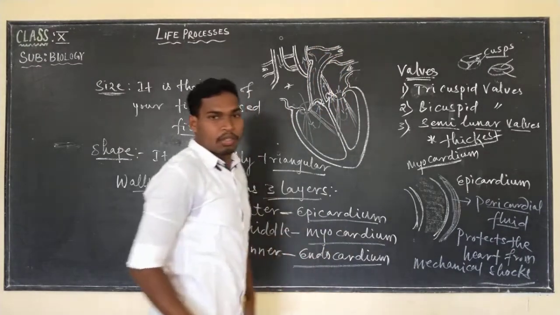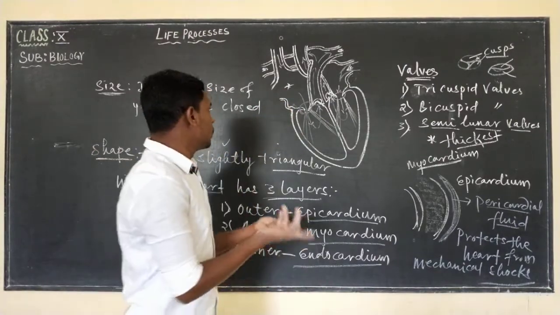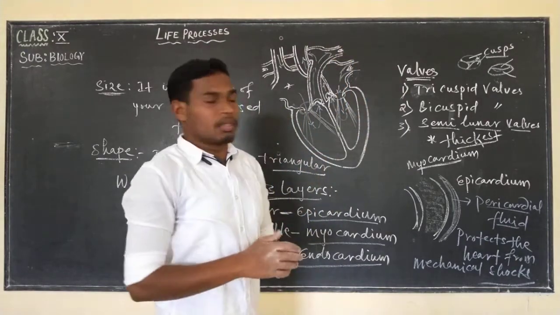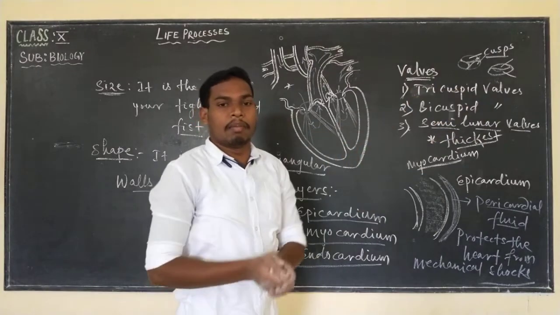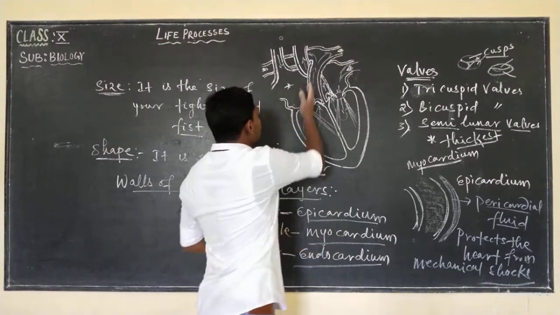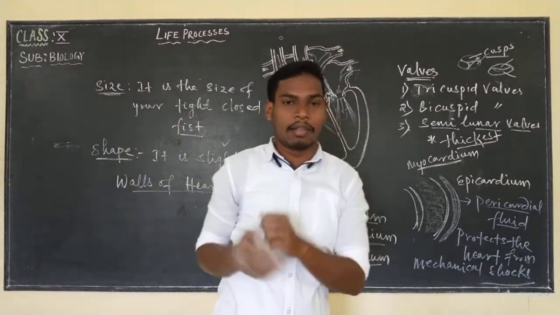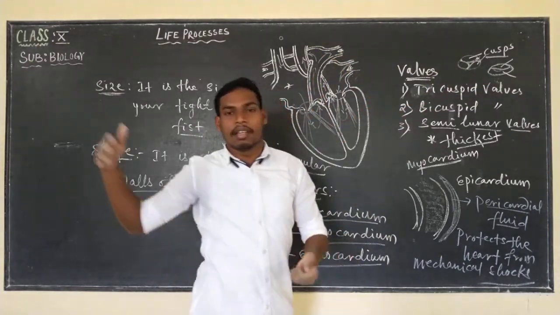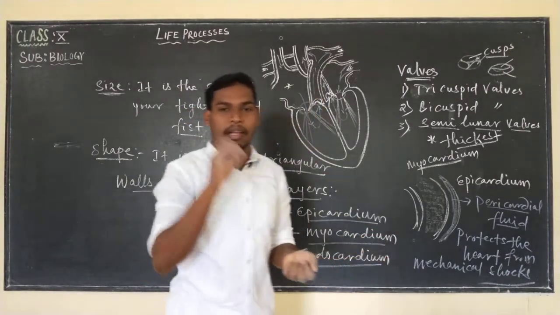So this side the pulmonary artery is going to send the blood to the left lung, and this is going to send the blood to the right lung. There are two lungs, isn't it? So this is how the blood goes there.